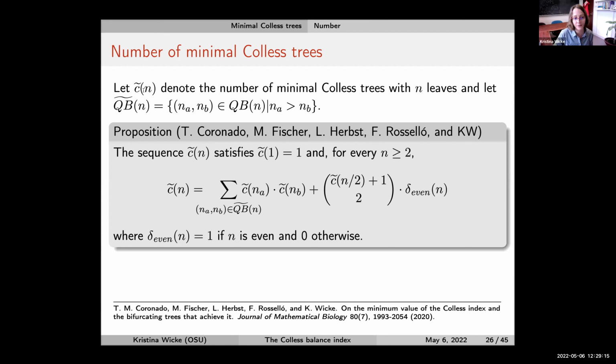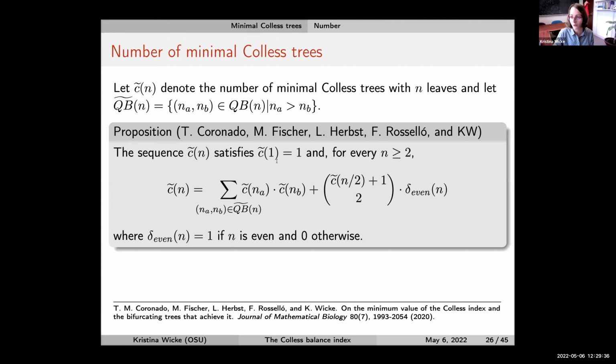So if we now consider the sequence C tilde of n, which denotes the number of minimal Colless trees with n leaves, and we consider QB tilde of n to be all valid pairs NA, NB in QBN that satisfy that NA is strictly larger than NB, then we can get the following recursion for C tilde of n.